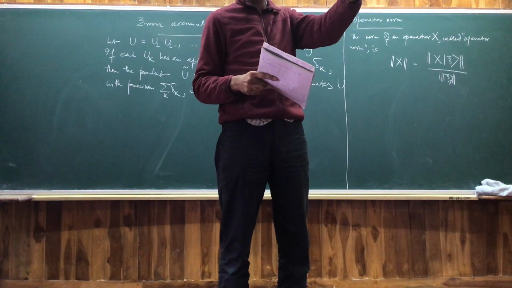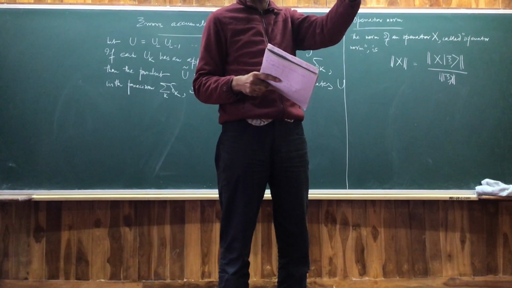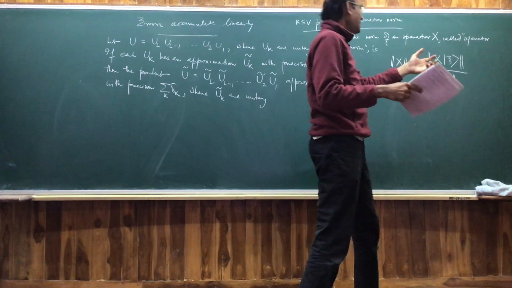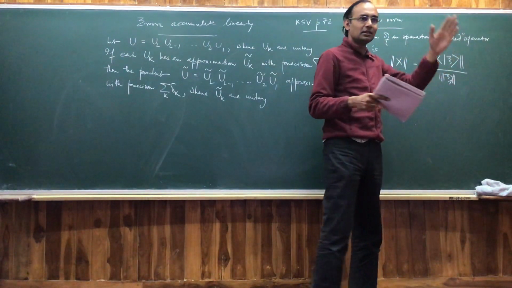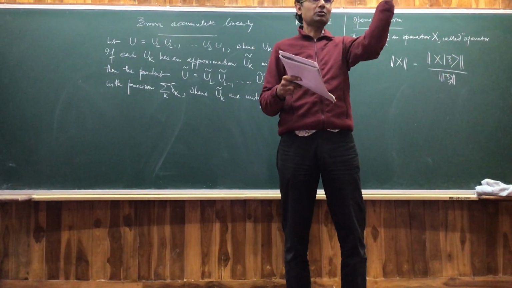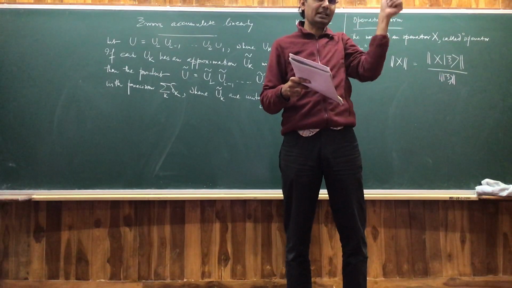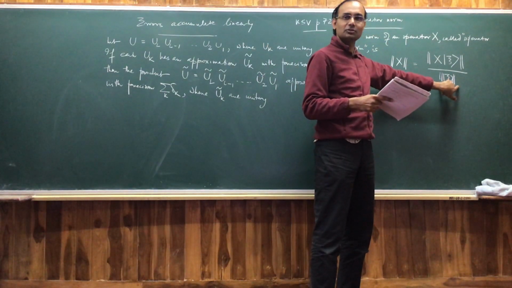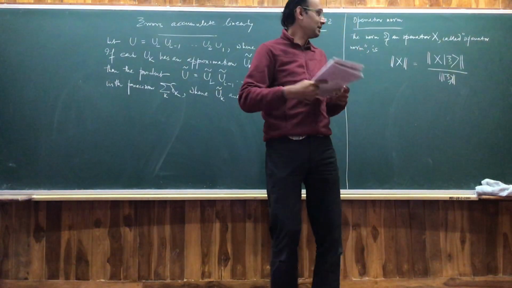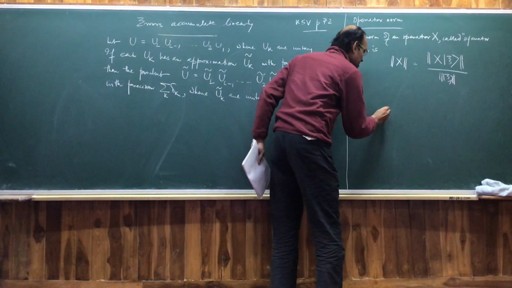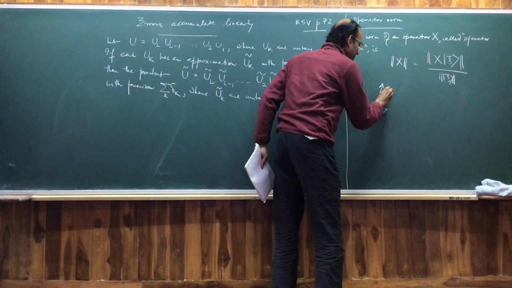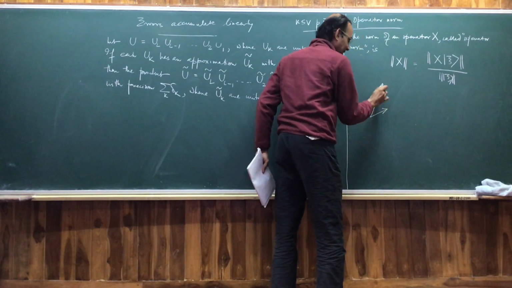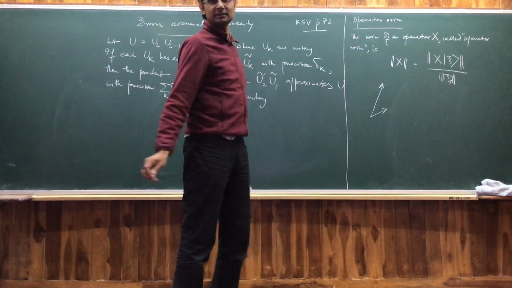Xi has a length, it has been operated on by this X, it is possibly rotated, increased or decreased, but I divide by the original length. So originally it was something like this, finally it is something like this, and it gives me the factor of the length.